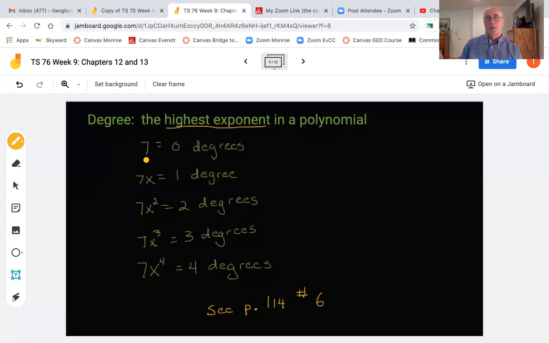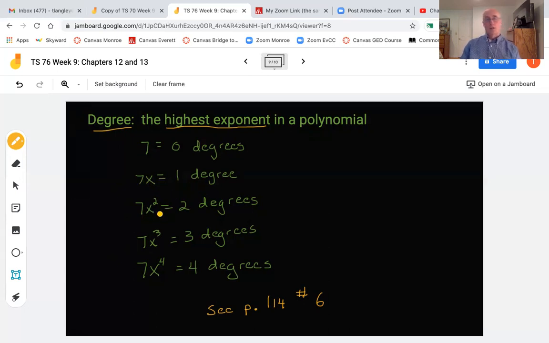So if they ask you how many degrees is 7, it's got no exponent, so it's just 0 degrees. If they ask you for 7x, I've now got a variable here. We would call this 1 degree.